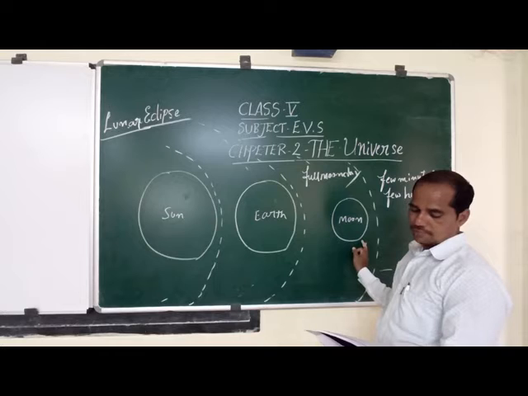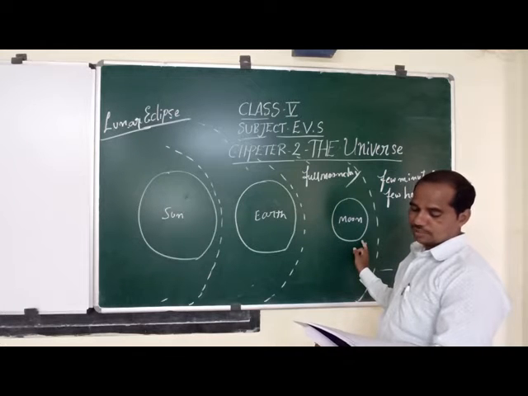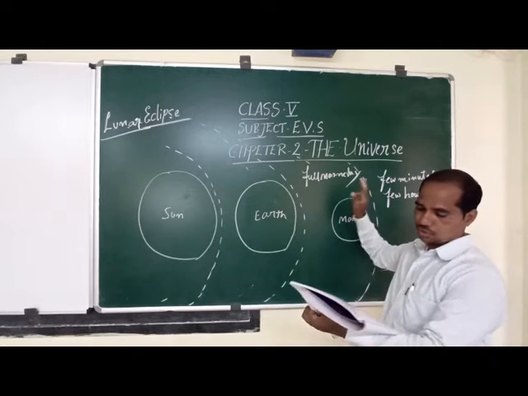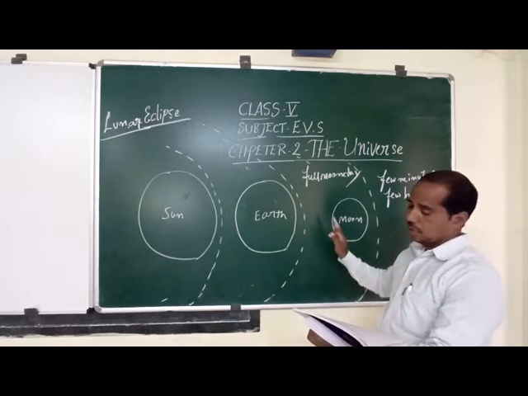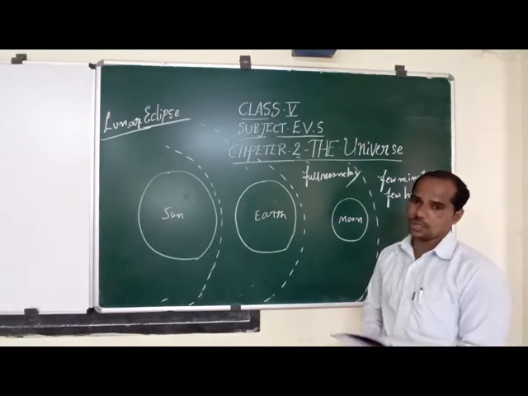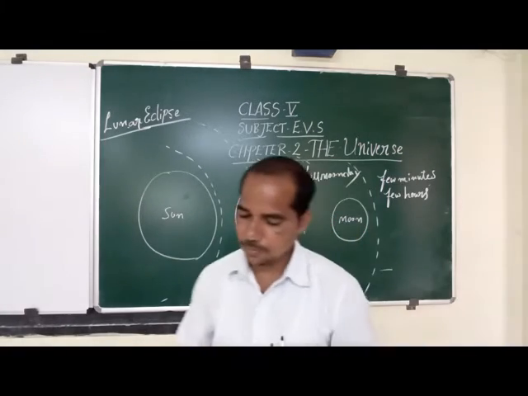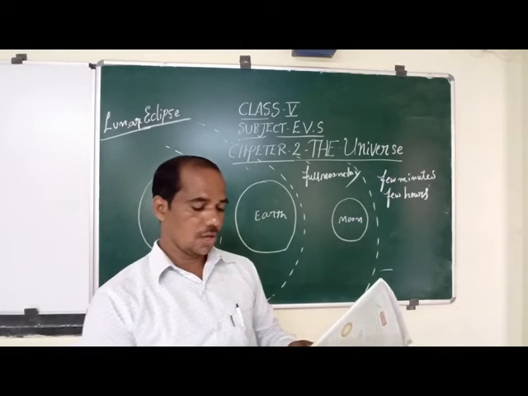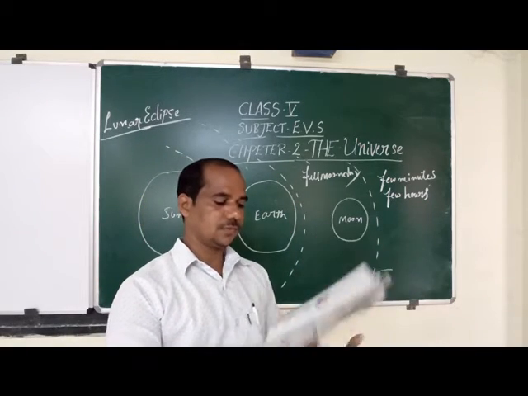If the moon is totally in the shadow of the earth, it's called a total lunar eclipse. If only part of the moon, it is called a partial lunar eclipse. Understood now, children? Okay, next.